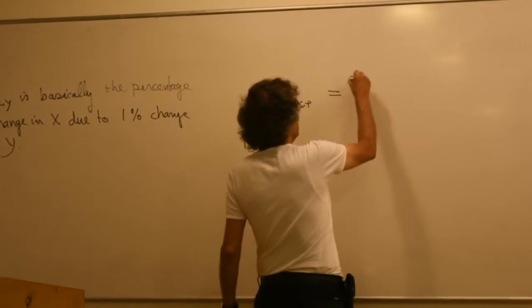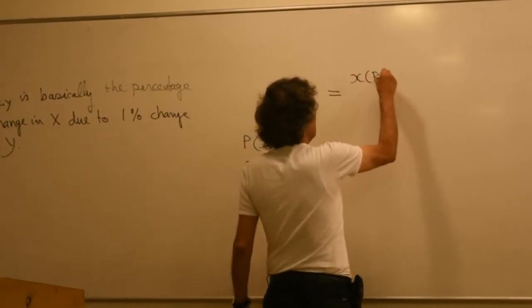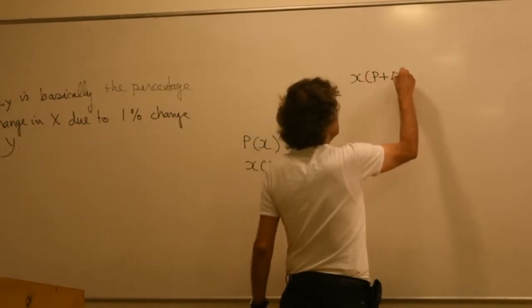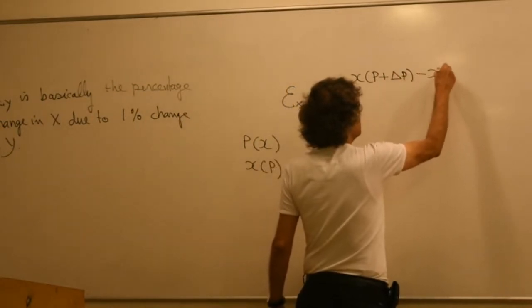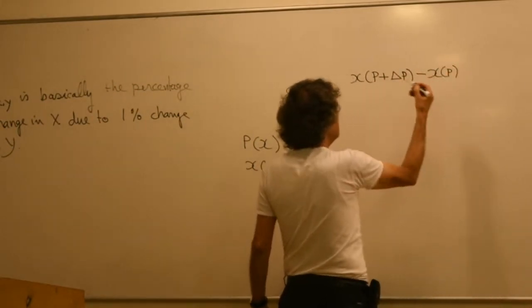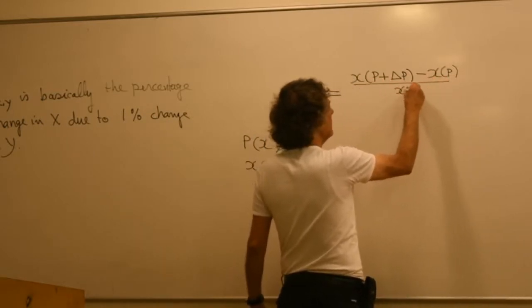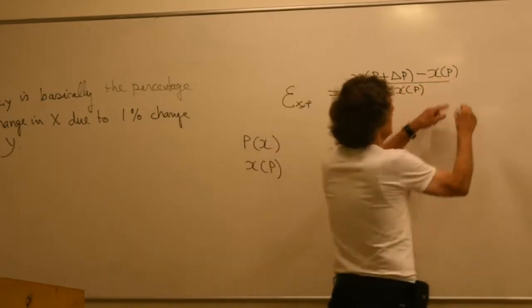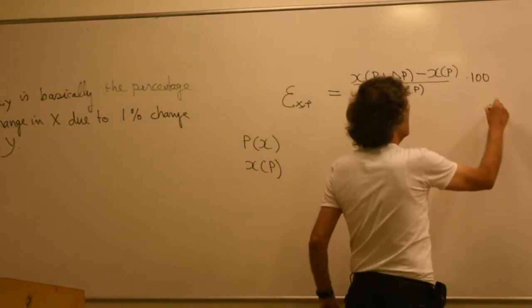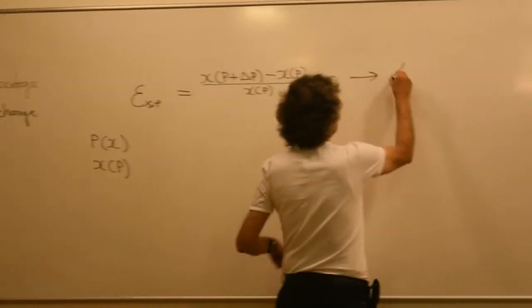So I have to look at X of P plus delta P, minus X of P. In percentage terms, I have to divide by X of P. This is, if you want, multiplied by 100.